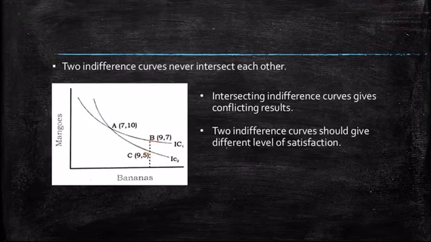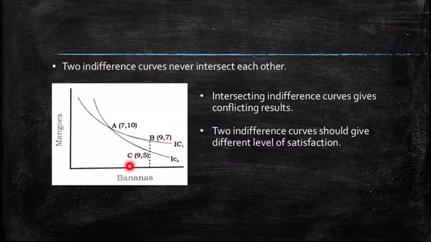If you compare the combinations B and C, the consumer is getting more units of bananas in combination B. You just observe here that in combination B, he is getting 9 units of mangoes, 7 units of bananas.